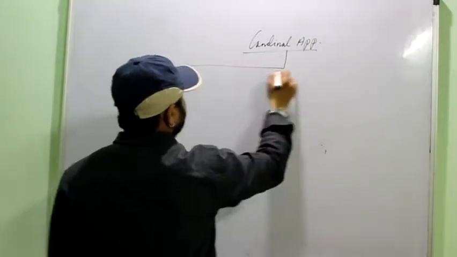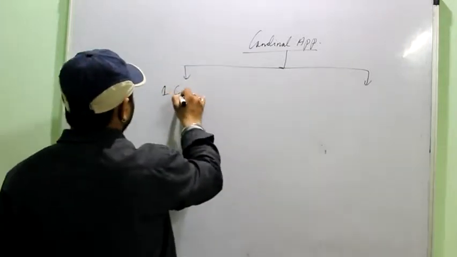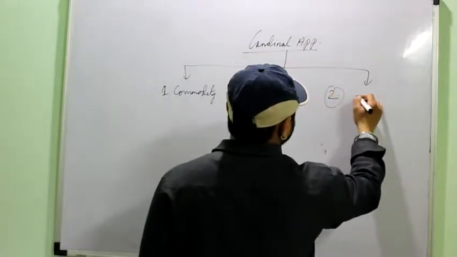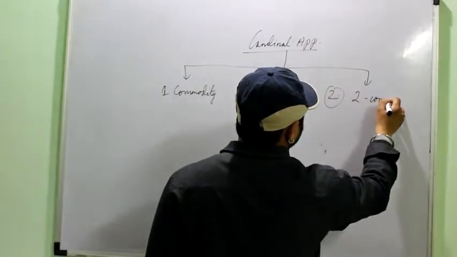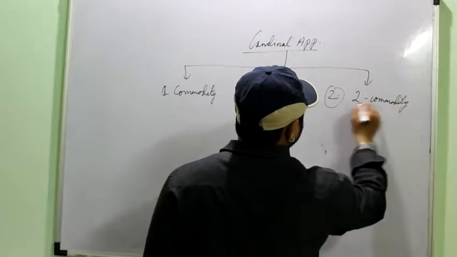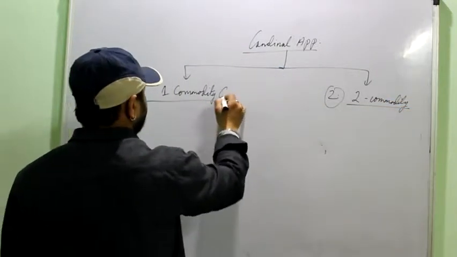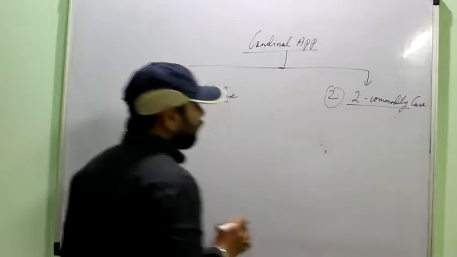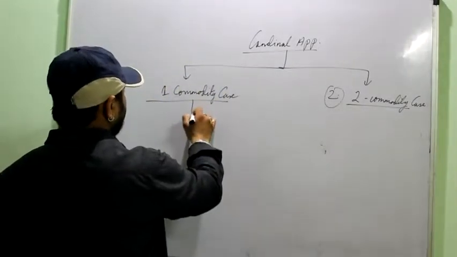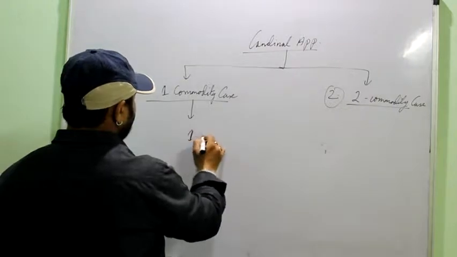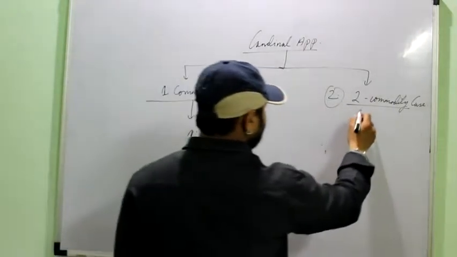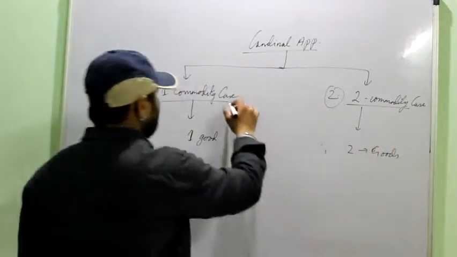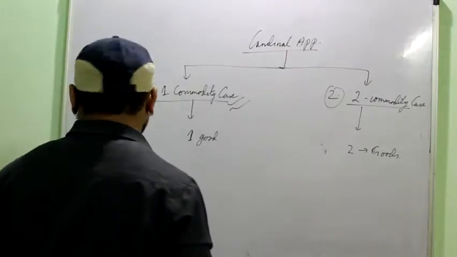Cardinal approach basically has two cases: one commodity case and two commodity case. Under one commodity we assume that the consumer is consuming only one good, while here we assume that the consumer is consuming two goods, right? So first we will study the one commodity case.